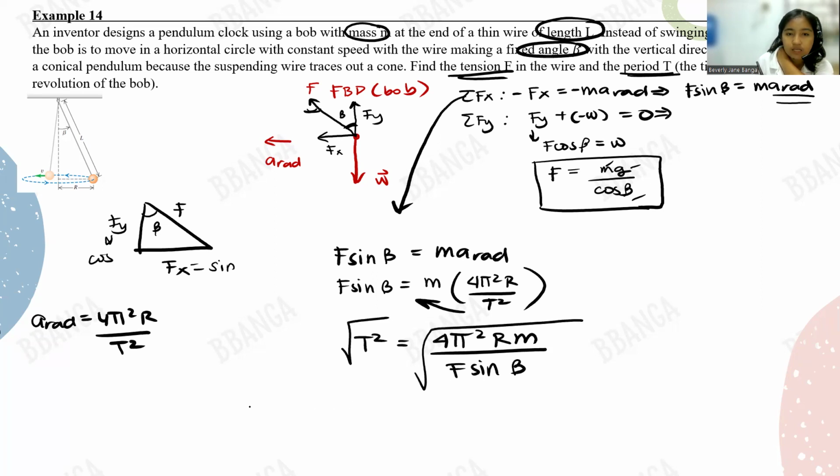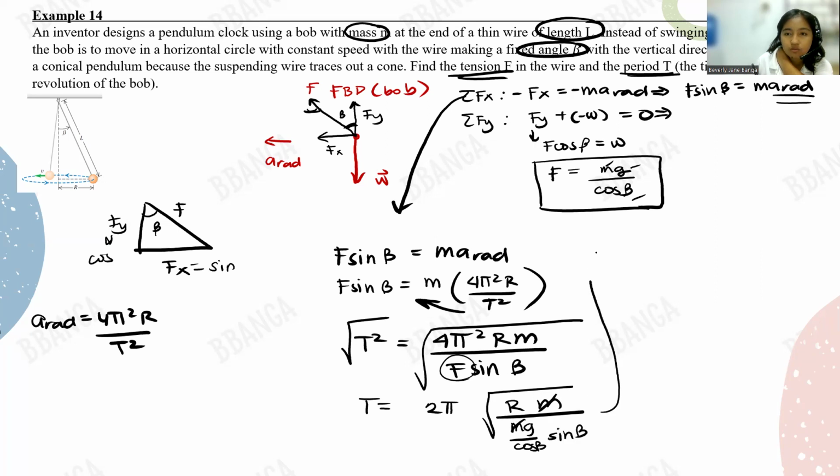So, I have T is equal to 2 pi. Ilabas ko lang yung 2 pi. Square root of R over M over ang F natin is mg over cos beta sin beta. So, cancel out yung M. And so, I have T is equal to 2 pi square root of, sine over cosine is tangent, di ba? So, tama ba ako?